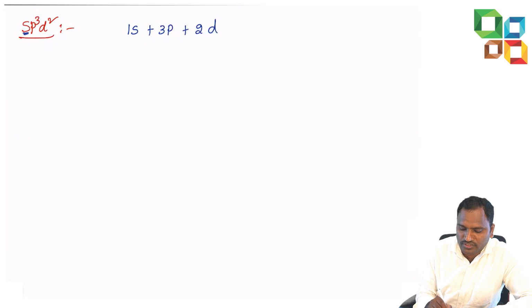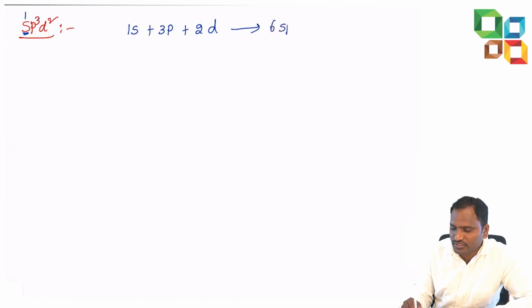Here itself you can write 1, 3, 2. Only so much. Yes, how many hybrid orbitals, students? Aishwarya, 6, correct answer. 6 sp3d2 hybrid orbitals we will get.